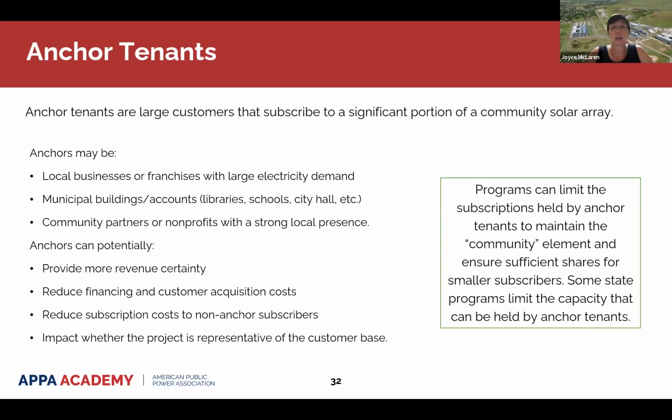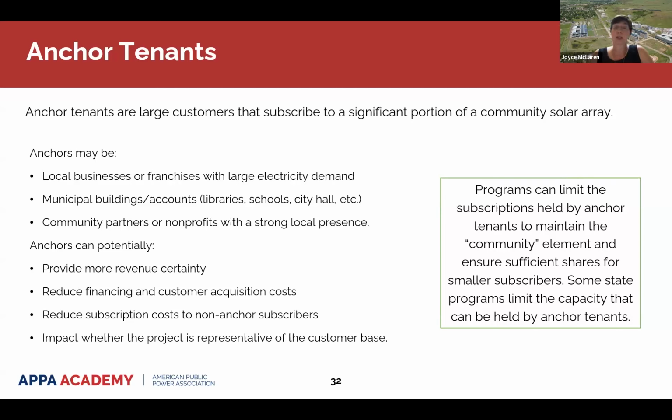So these anchors can potentially be useful because they do provide this revenue certainty. They basically are promising you that we are going to be a part of this project for a duration. We're not going to be a residential customer that may be coming in and out. We're going to provide some certainty.